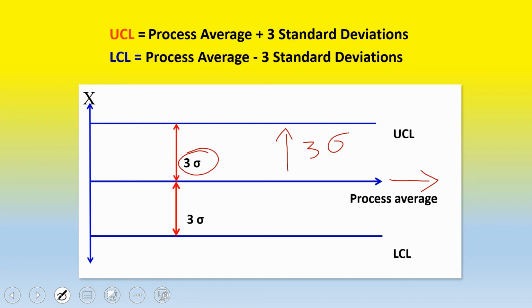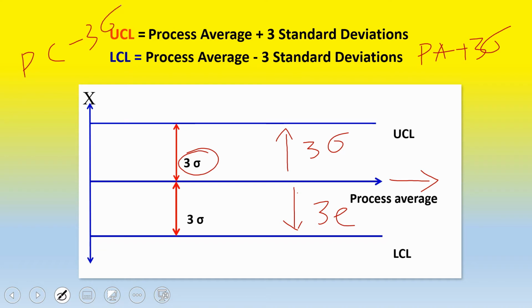We have to subtract 3 sigma from the average value of the process, and then we can find the lower control limit. So process average plus 3 sigma will give the upper control limit. Process average minus 3 sigma will give the lower control limit. Sigma means what, sir? This is standard deviation.